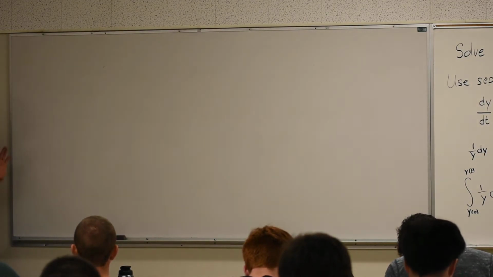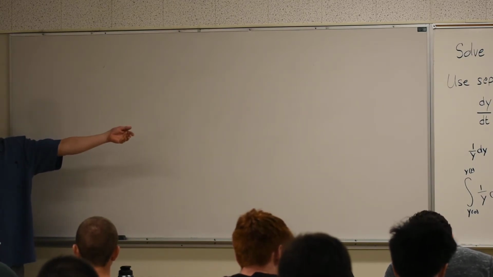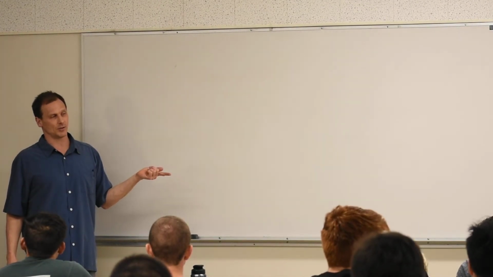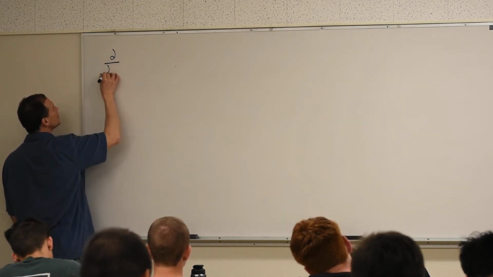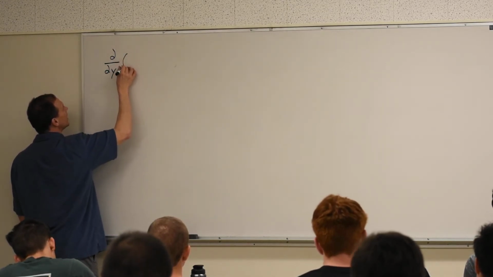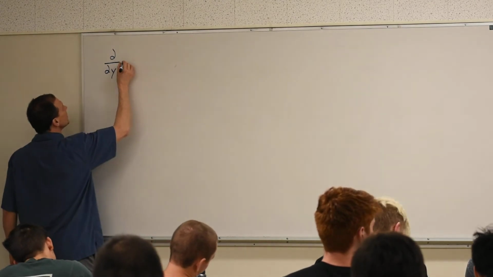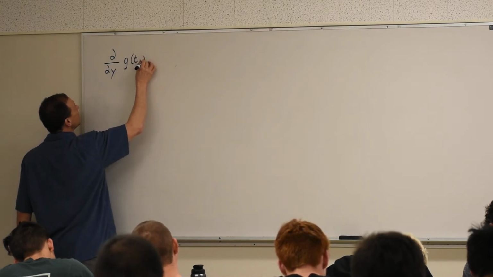So we said that our function g of t, y was the partial with respect to t. So what would happen to g if we took the derivative of g with respect to y? Let's just try it. So what we're going to do now is take a moment, take the partial derivative with respect to y of g of t comma y.